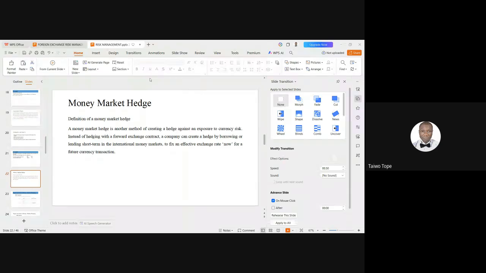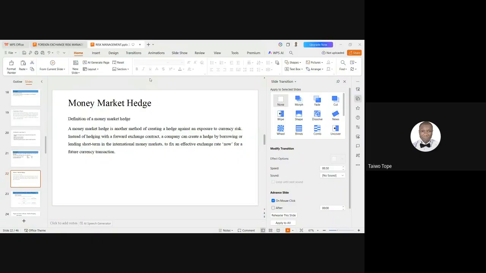So the money market is a market where market participants can lend and borrow money for a short period of time. The period can be overnight and it can be up to a year.